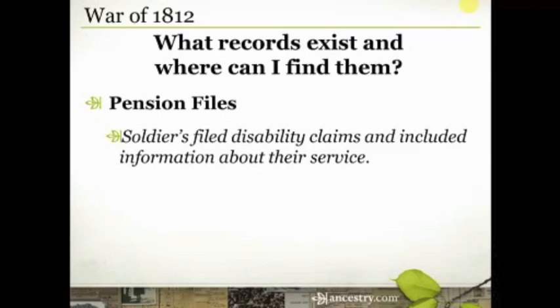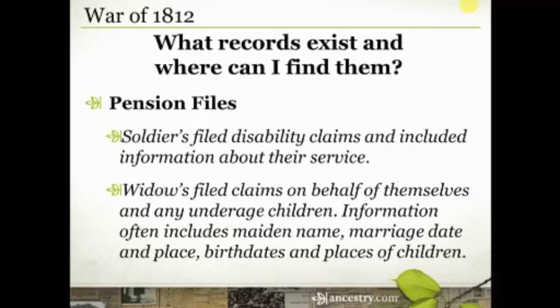First, a soldier would have filed some kind of a disability claim if they were injured or could no longer work, and they would then include information about their service and their eligibility for that pension. The second case is where a widow or the executor of a will, when there are underage children, files claims on behalf of themselves or any of those underage children. And that's when you end up with so much rich information.